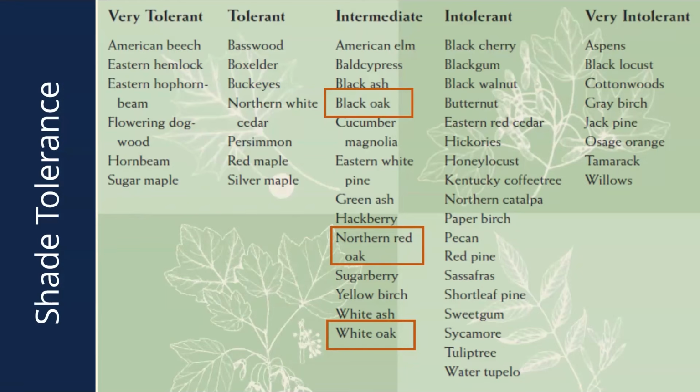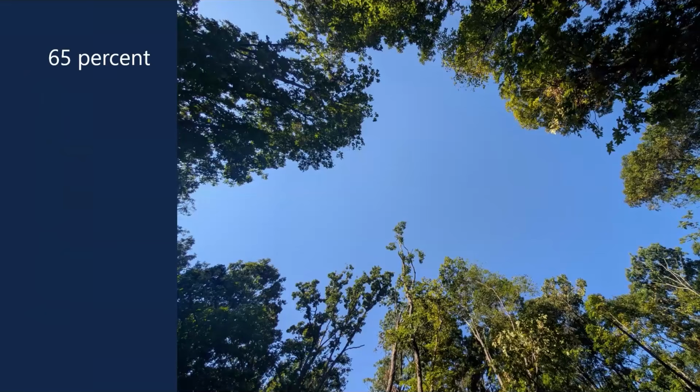There's certainly a lot of trees that are more shade tolerant than them, but then there's a lot of fast-growing trees that do best in full sunlight, right? So oaks fall into that middle ground. It's often said they need somewhere around 65% canopy or so to really thrive. That number certainly varies a whole lot, but do know that they like this intermediate level of sun.